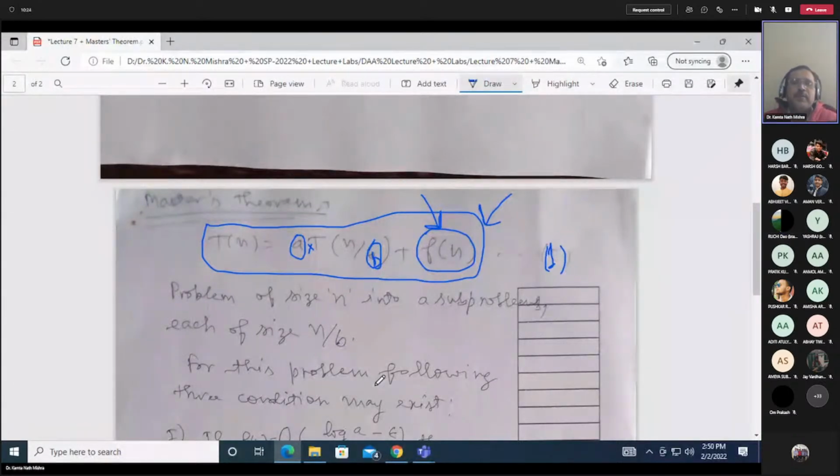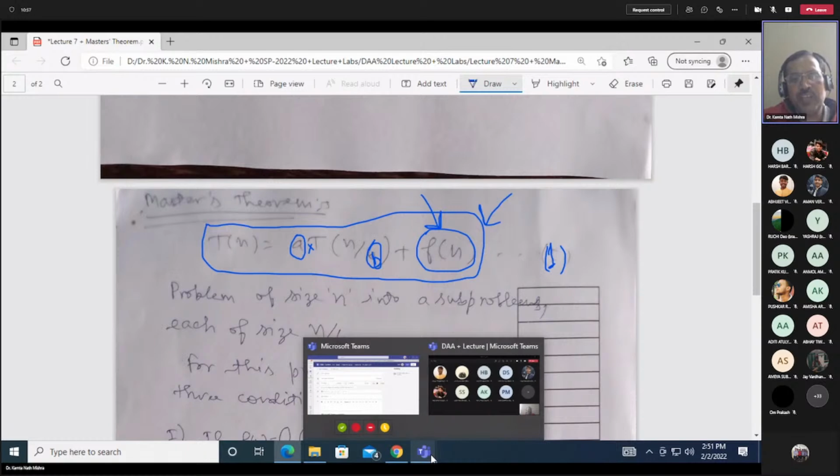Like if I say T(n) equals 2T(n by 2) plus cn, then what is a here? What is b here? What is f(n)? So a will be 2.